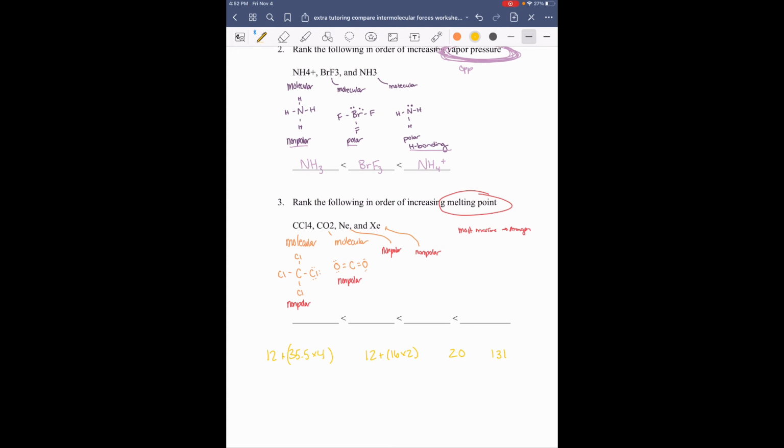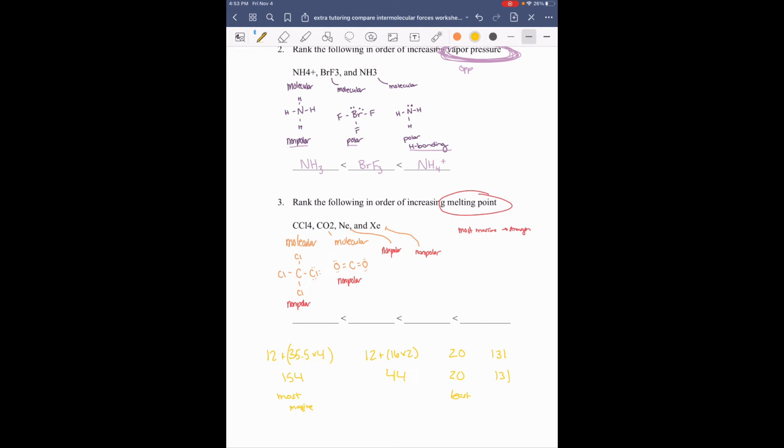So if we did that math out, CCl4 would be 35.5 times 4 plus 12, 154. CO2 would be 16 times 2 plus 12, 44, then 20, and then 131. So this is our most massive. This would be our least.